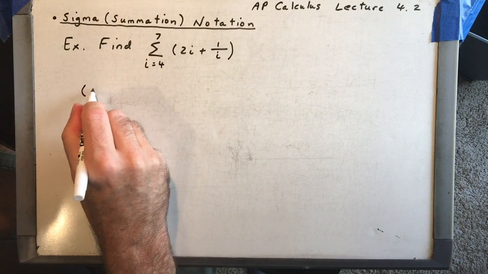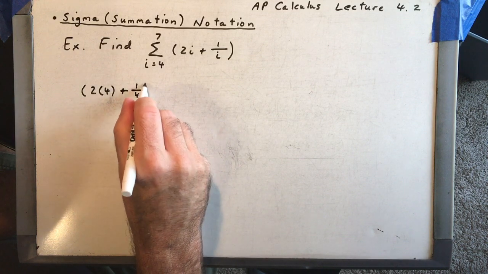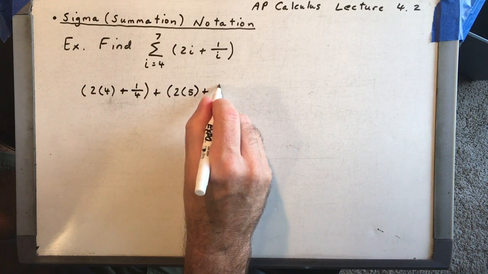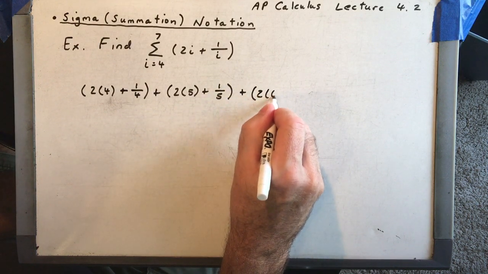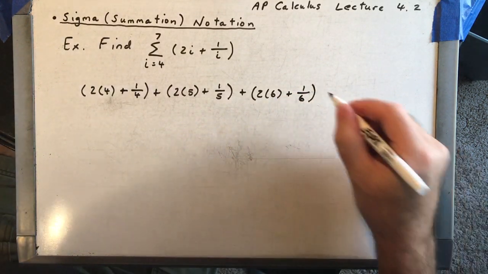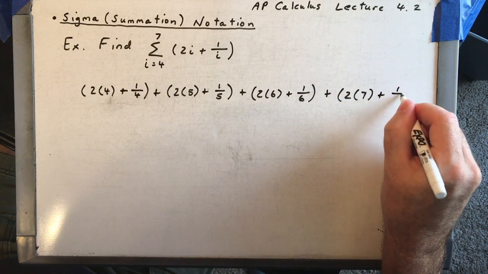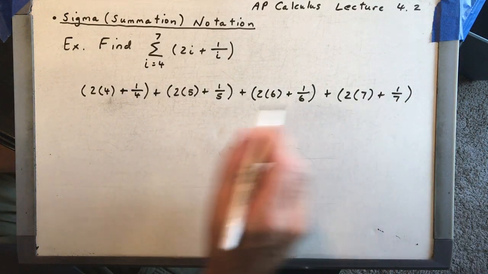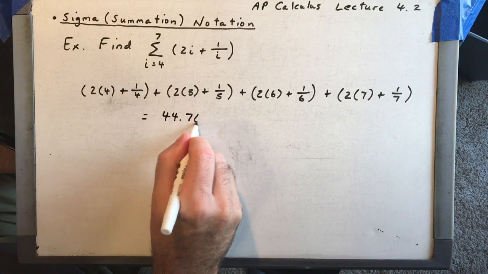So that's going to be 2 times 4 plus 1/4, plus 2 times 5 plus 1/5, plus 2 times 6 plus 1/6, plus the last one, 2 times 7 plus 1/7. You can just put all that in your calculator if you want. But you should come out with 44.76.